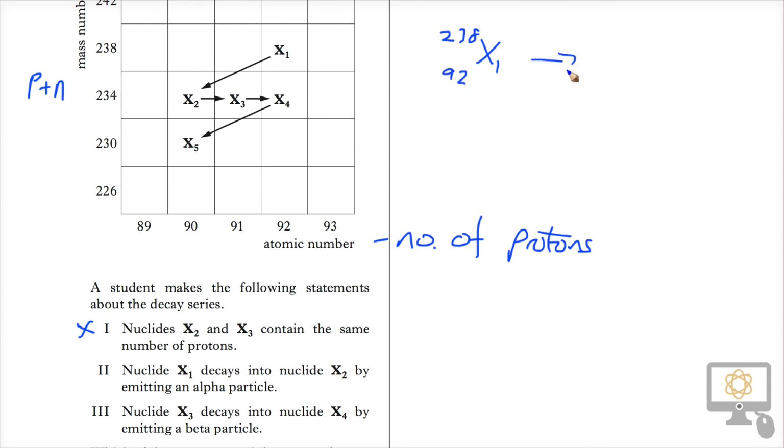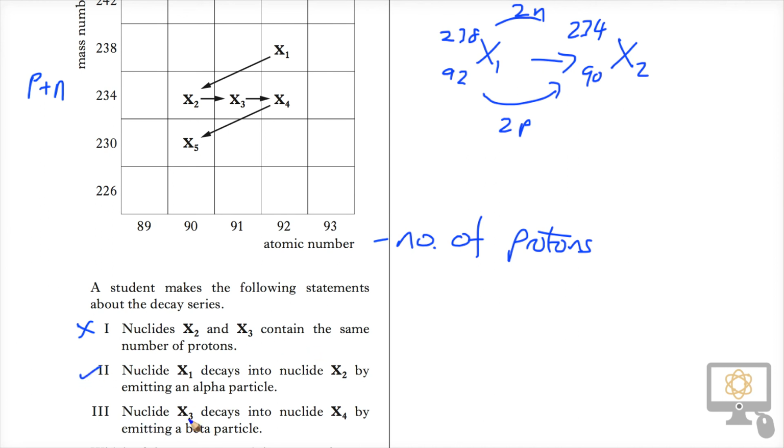And that decays into x2, which has a mass number of 234 and an atomic number of 90, which means that it loses 2 protons, and it also loses a mass number of 4, which means it also loses 2 neutrons. So effectively what's decayed is a particle with 2 protons and 2 neutrons, and we know that that is an alpha particle. So this one is correct.